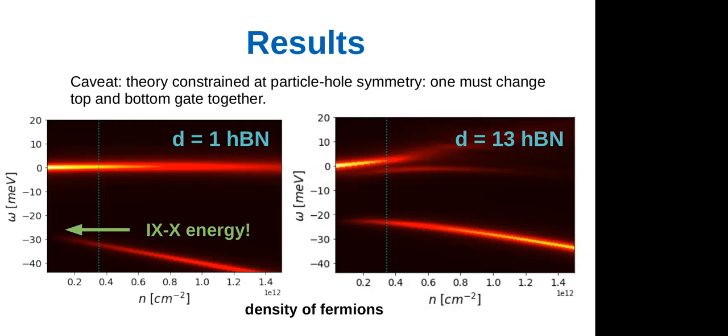I have a bit of confusion because in the d=1 case, you are saying that the appearance of the attractive polaron mode is at the energy of the bound state of the biexciton.